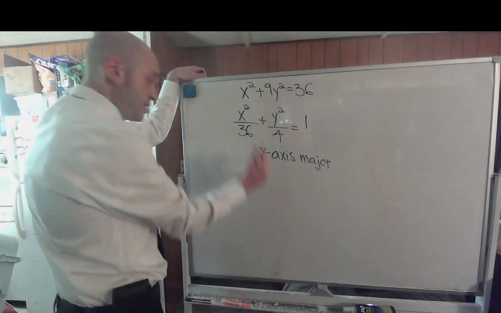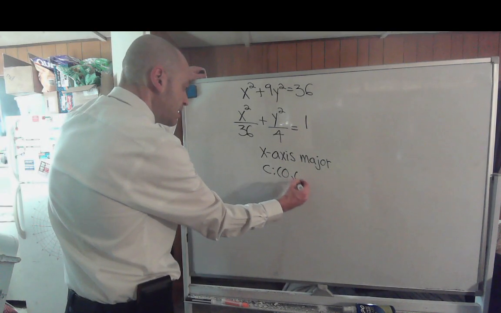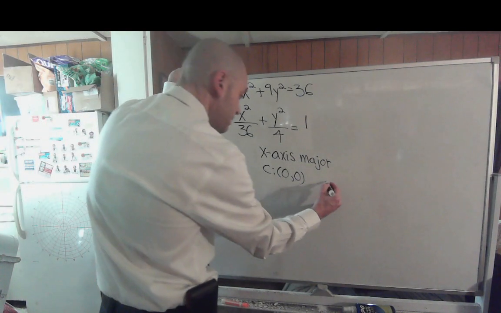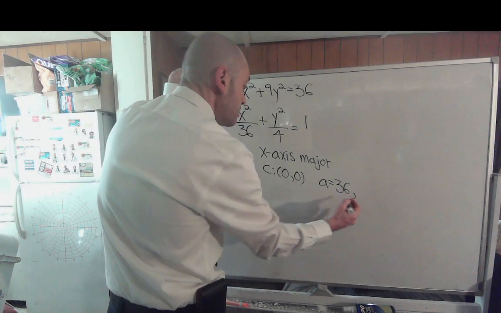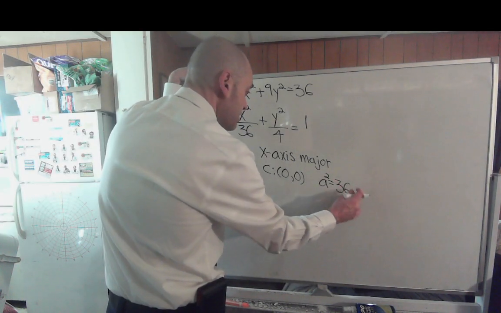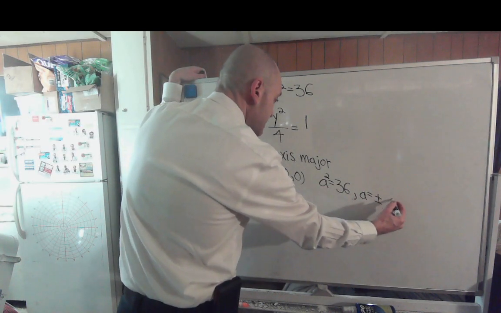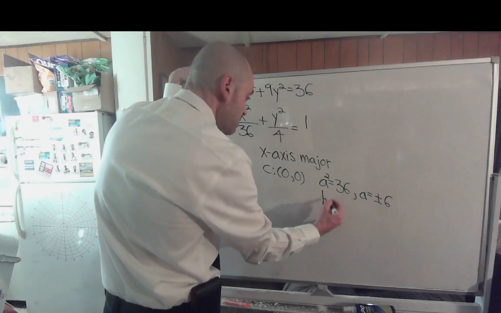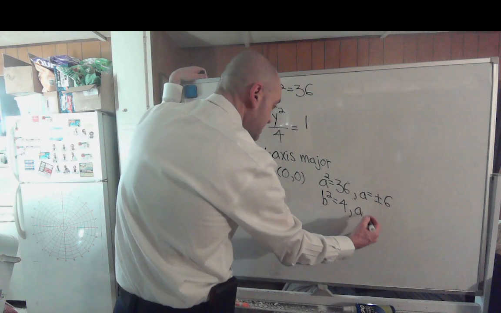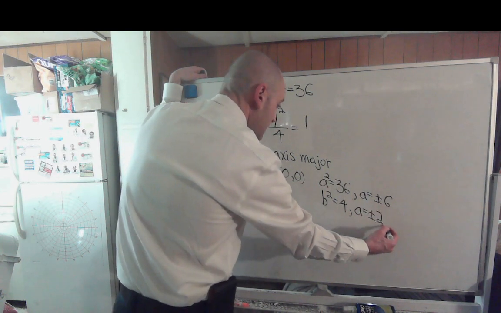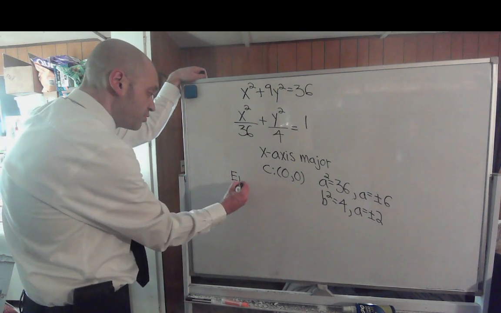The center is definitely at 0, 0. Well, a squared equals 36, which means that a has to equal plus and minus 6. B squared equals 4, so that means b has to equal plus and minus 2. Okay, so let's find endpoints.